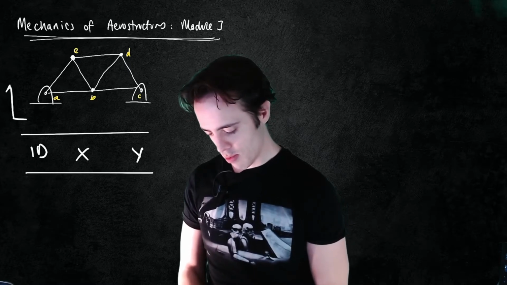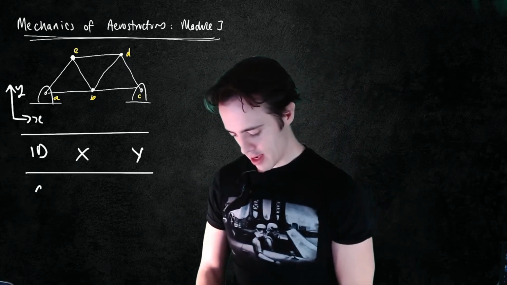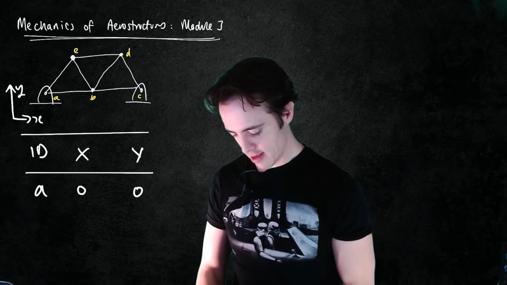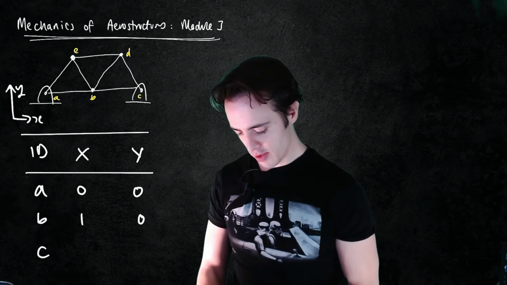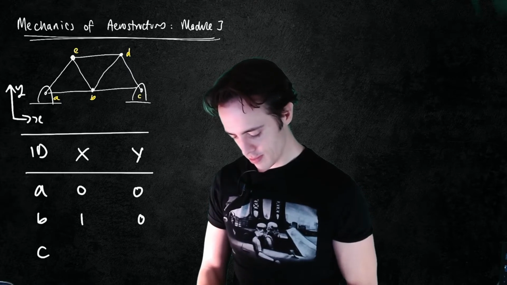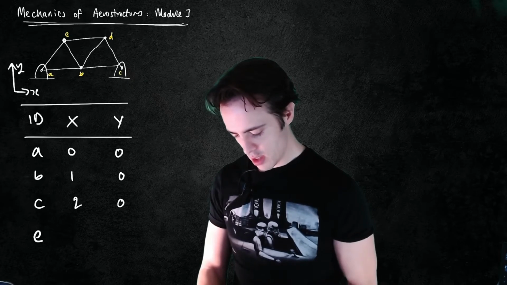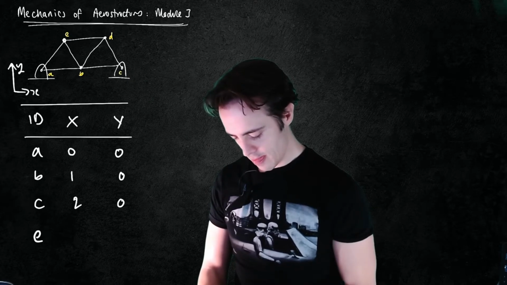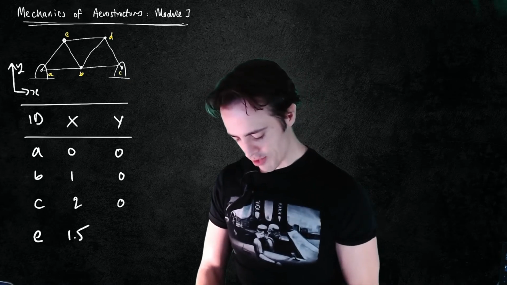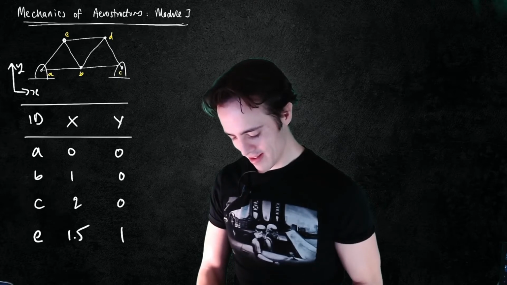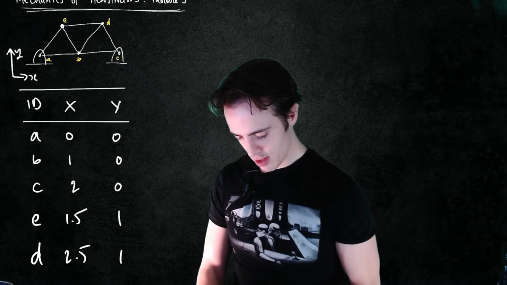Let's say y is my vertical, x is my horizontal, and node A is the origin of this axis system, node B exists at 1, 0, node C is at 2, 0, node E would be at 1.5, and let's pretend these aren't equilateral triangles, let's make it 1.5 and 1, and node D will be at 2.5 and 1.